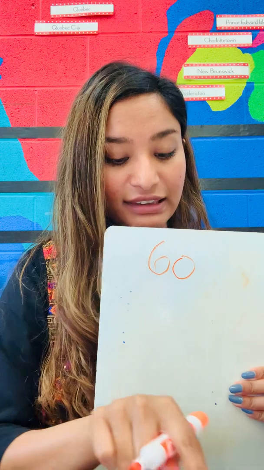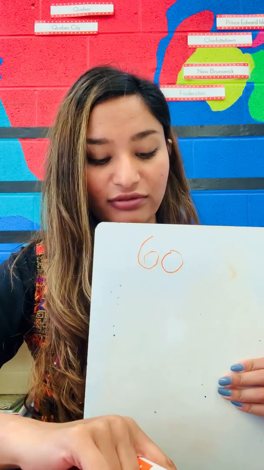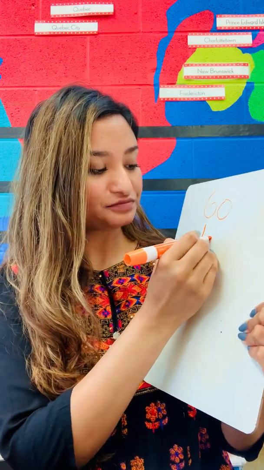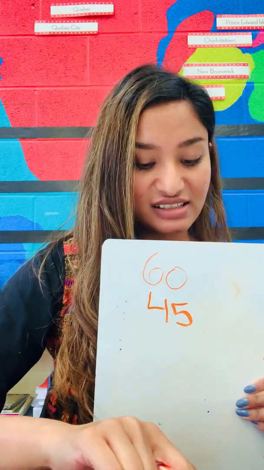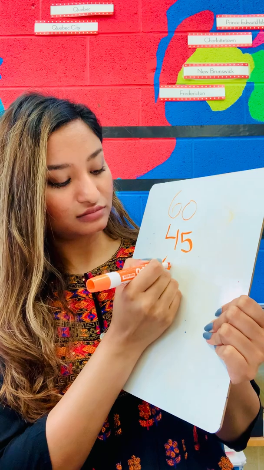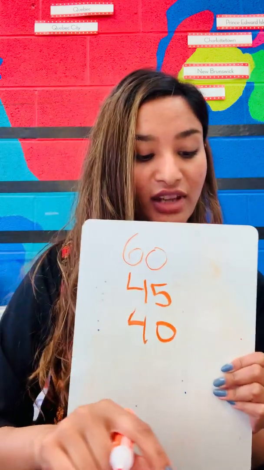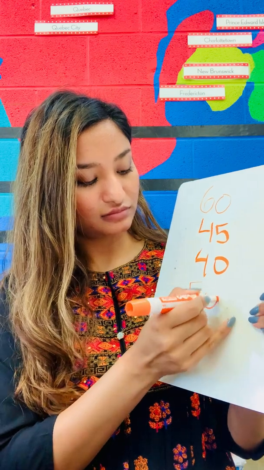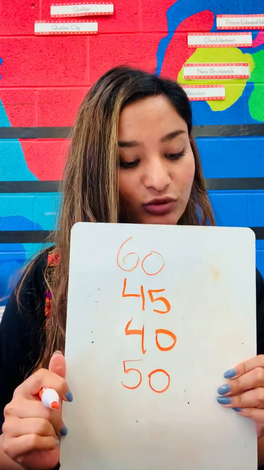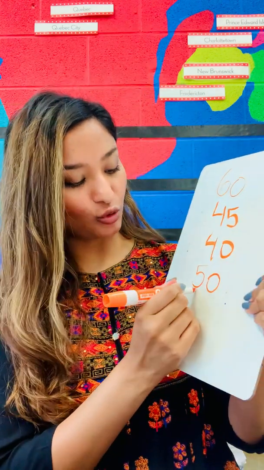There were 60 roses which got sold. Lilies, if you look at the graph, were at 45. Then we have daisies, 40. Then orchids, 50. Then carnations, they were 45.